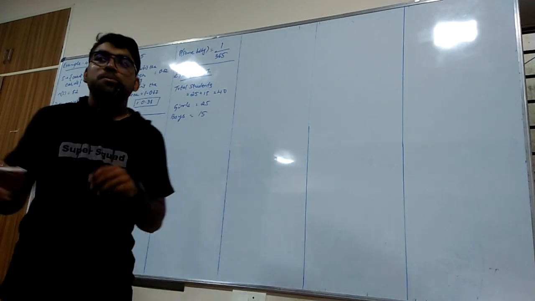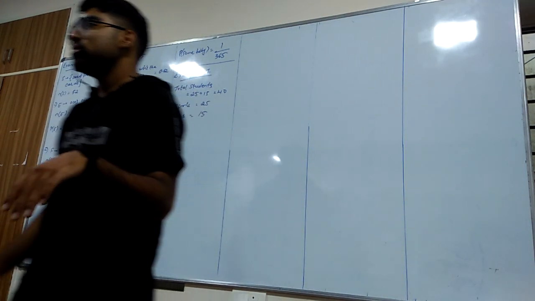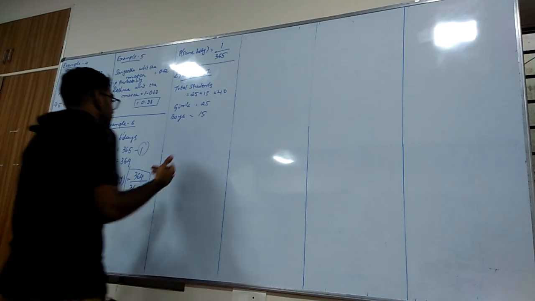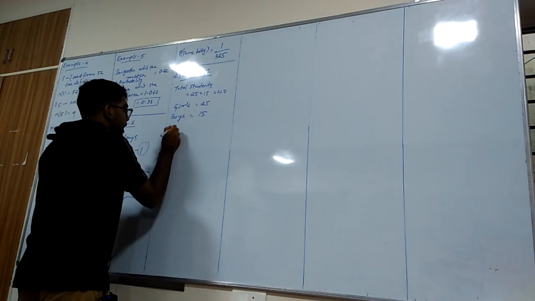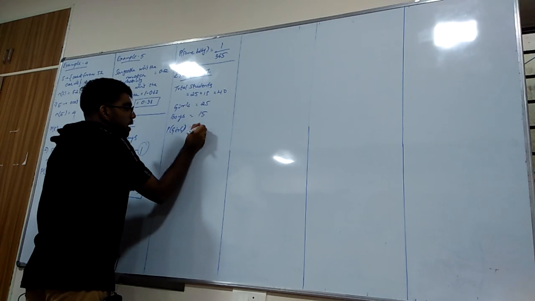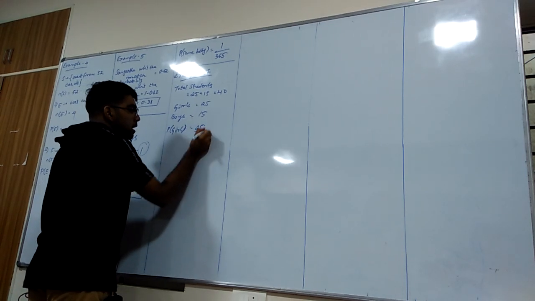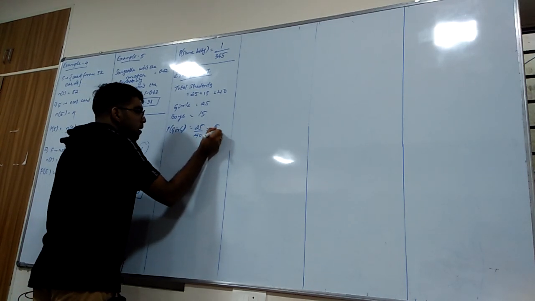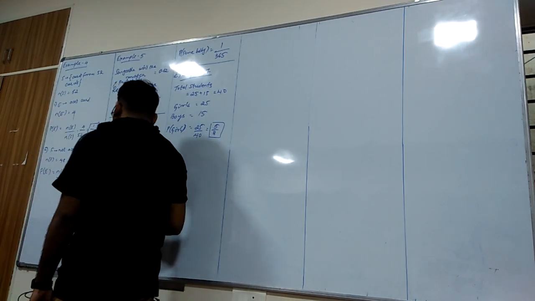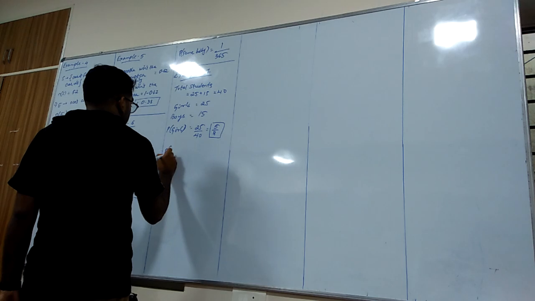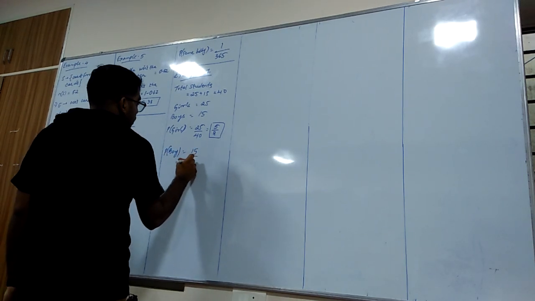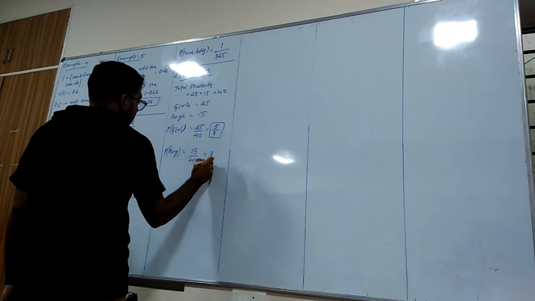Just the opposite of our class ratio. So probability of getting a girl is 25 divided by 40, that is nothing but 5 by 8. Probability of getting a boy is 15 by 40, that is 3 by 8.